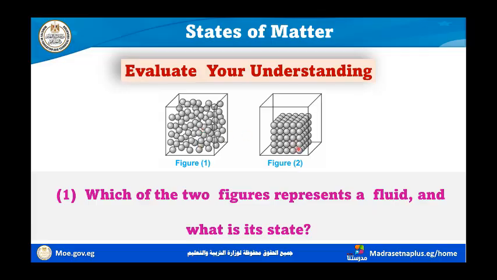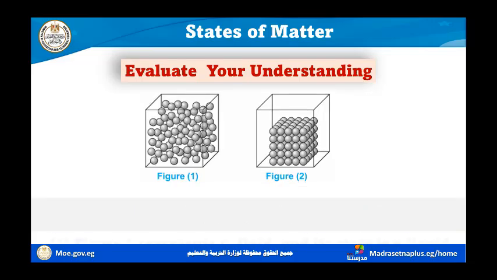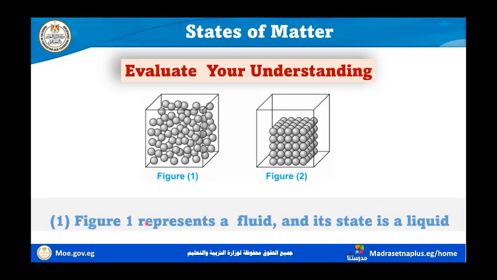While in figure 2, the particles are very close together, which indicates that the attraction force is very strong, and so the medium particles cannot move, and so they have a fixed shape. By studying these two figures, we conclude that figure 1 represents a fluid and its state is the liquid state.